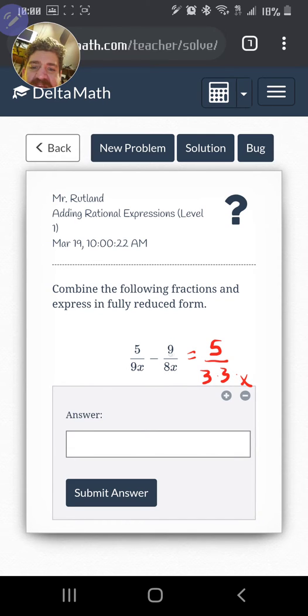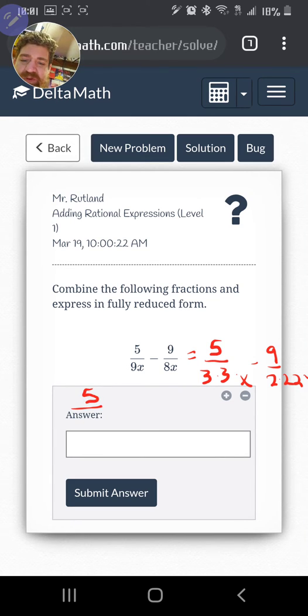Okay, rewrite the 9 over 8x as 9 over 2 times 2 times 2 times x. Okay, so once you write it as a product of prime factors, it's a little bit easier to identify what your common denominator is going to be.